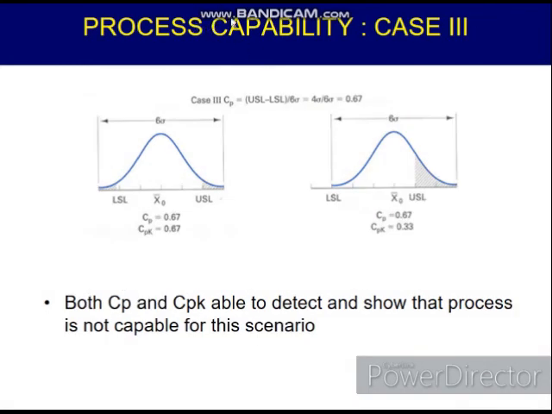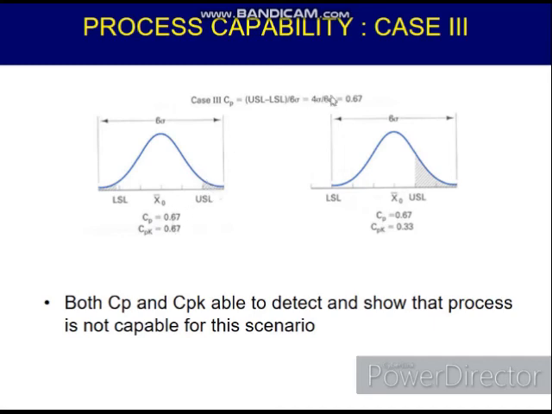Okay, let's look at case 3. In case 3, as explained before, the upper spec limit minus lower spec limit will be smaller compared to 6 sigma. So by default, when you calculate CP, it will be less than 1, which indicates that the process is not capable. If the process is centered, then both CP and CPK will have the same value.